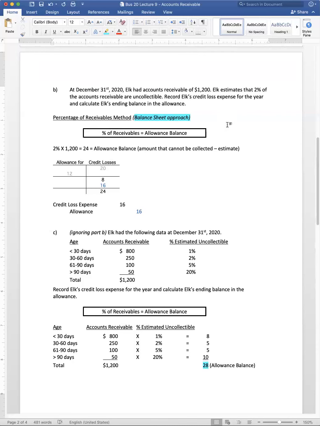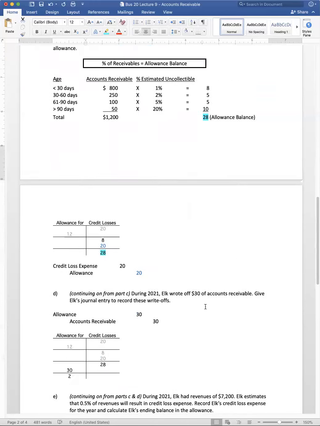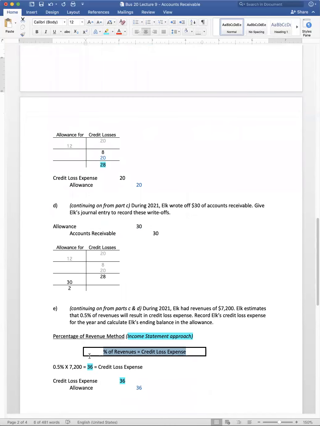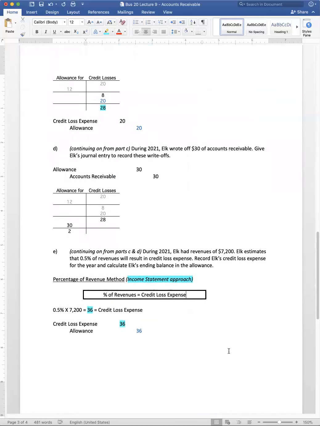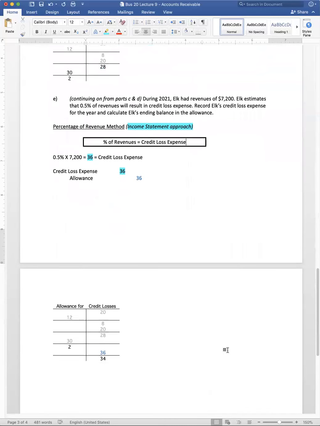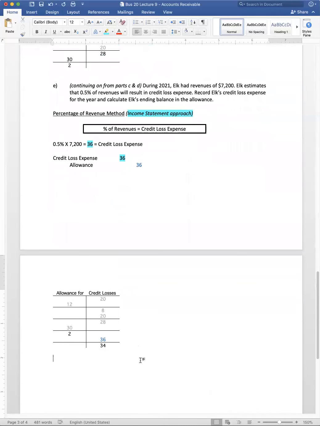As a general rule, no. For an individual company, yes, we might be able to do that. And that's how they pick which method they want to use, right? Do I want the balance sheet method? Do I want the income statement method? But overall, in the general rules, we can't make that statement. So that's why both methods are allowed, because companies are allowed to pick the one that works best for them.